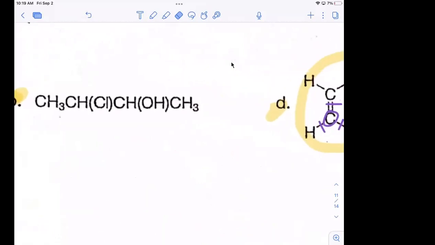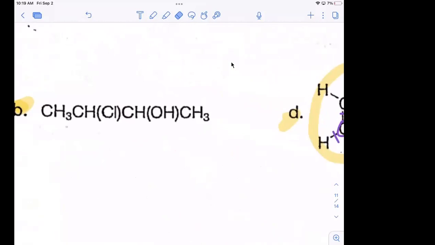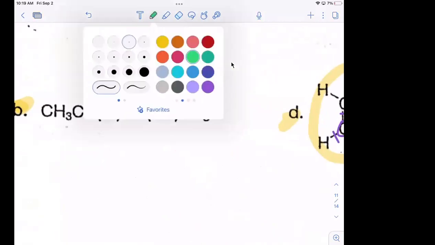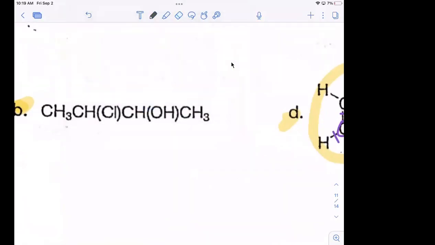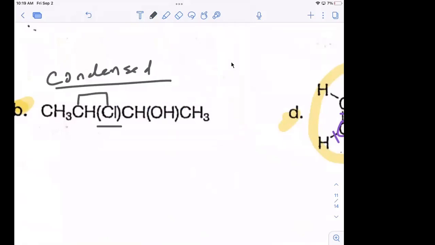So when you see in the condensed form an atom in parentheses, that atom is bonded to the atom to the left of it. Same with the OH.